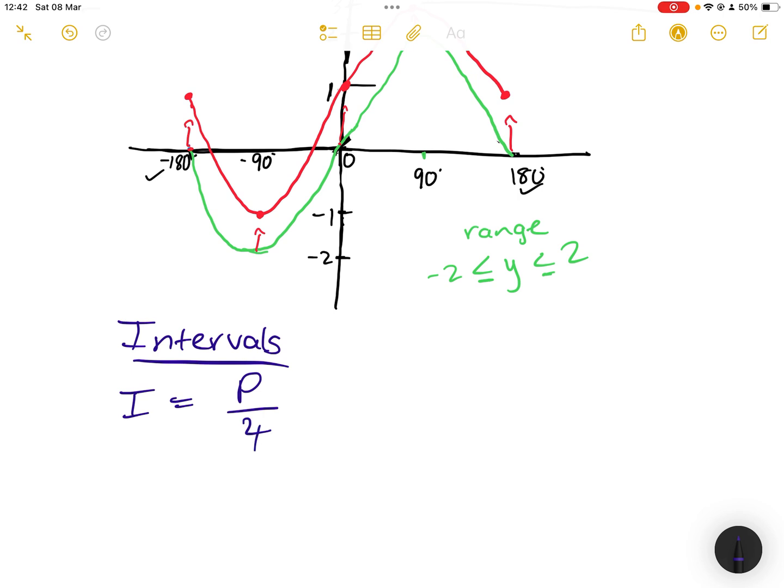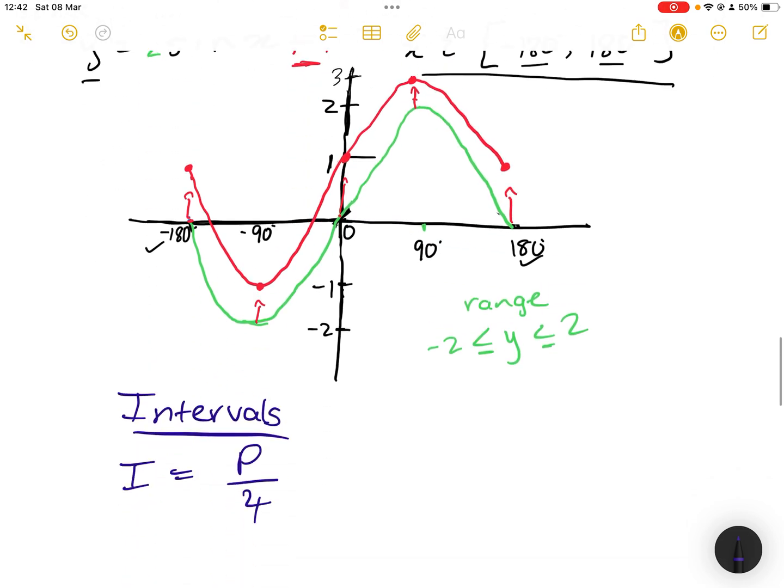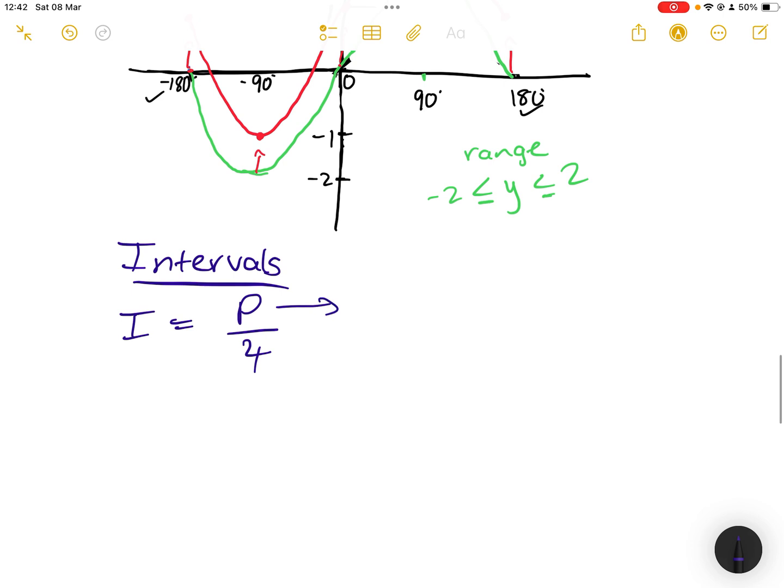Period over 4. Remember, the period for the above graph was 360. So you must first calculate the period the way I told you: 360 over b, or 180 over b for the tan one. This one is cos and sine.